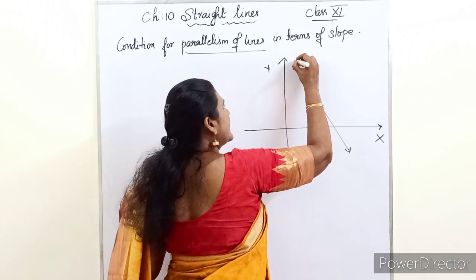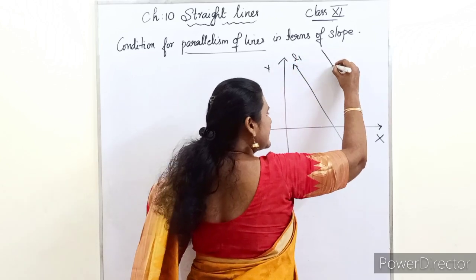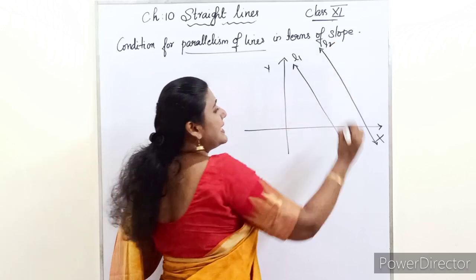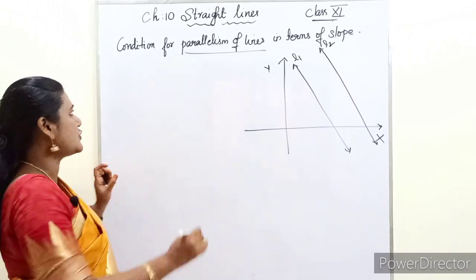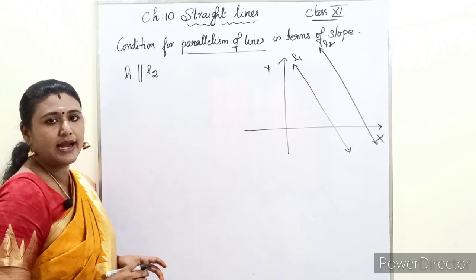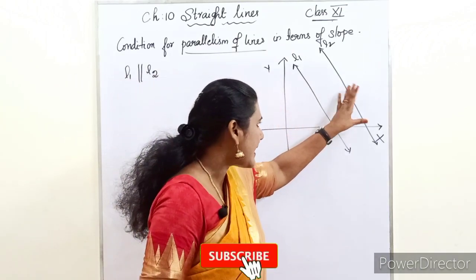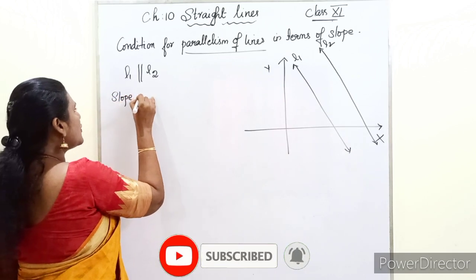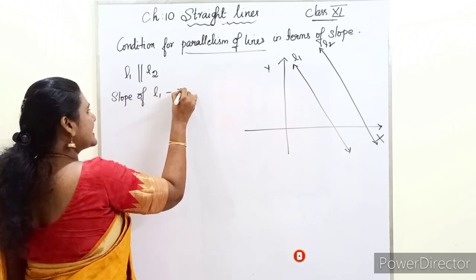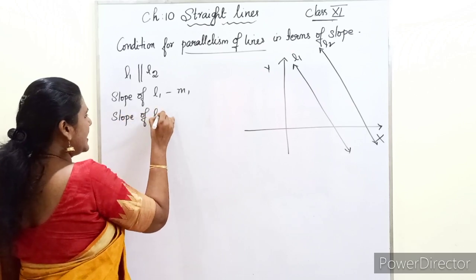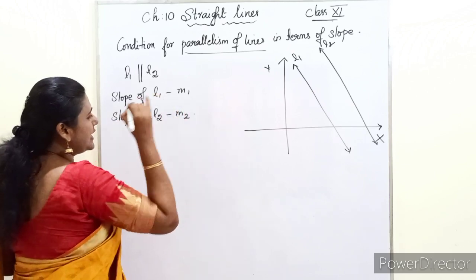The first line is L1 and the second line is L2. Let us consider two parallel lines, L1 and L2. The slope of the first line L1 we will denote as M1, and the slope of the second line L2 we will denote as M2.